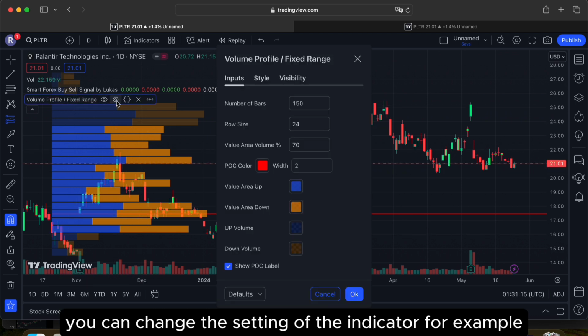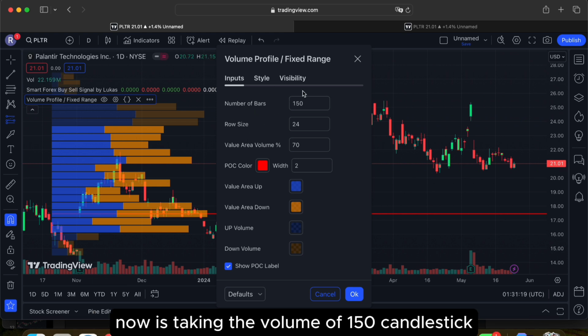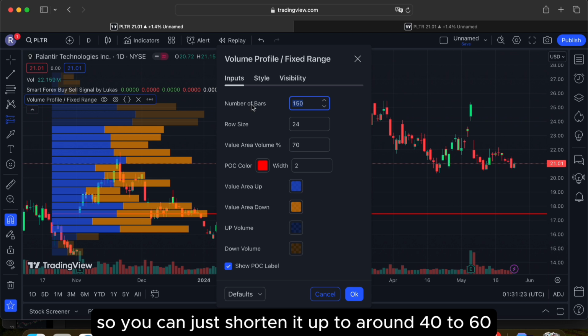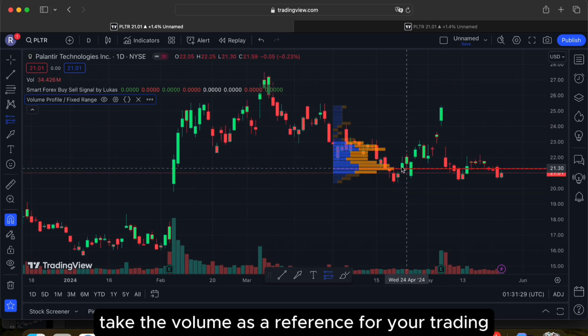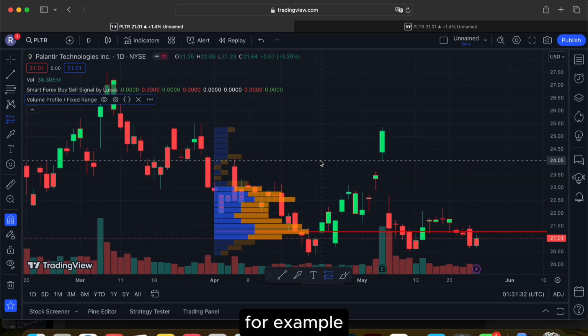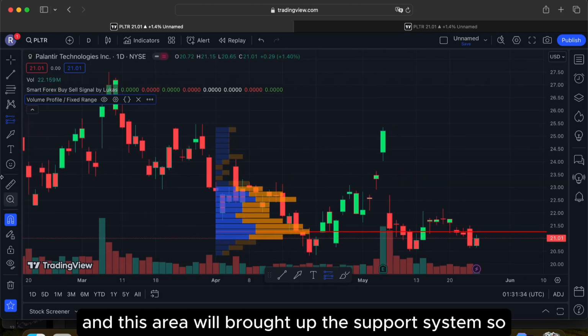You can change the setting of the indicator. For example, now it's taking the volume of 150 candlesticks. You can shorten it to around 40 to 60, as you can take the volume as a reference for your trading. For example, at this area we will plot the support and resistance.